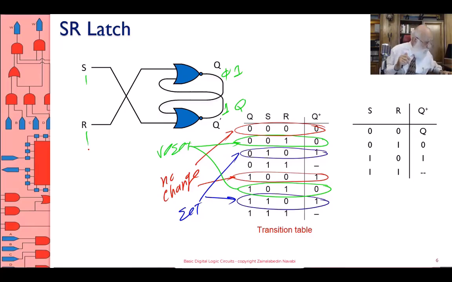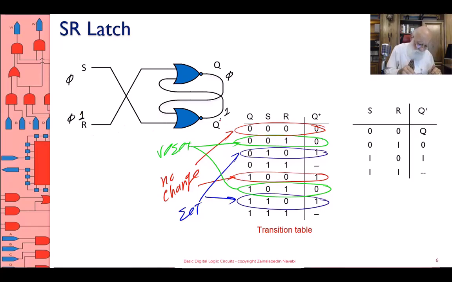Okay, let's do that. Let me use a color I have not used so that I don't get it mixed up. This is, let's say, 0. This is 0. This is 0. Since this is 0, this is a 1. At some time later, R becomes 1.